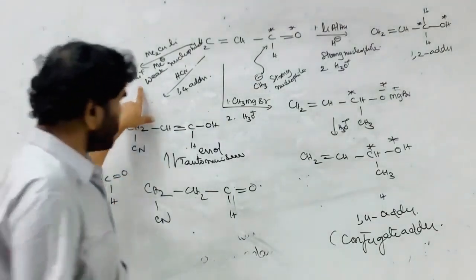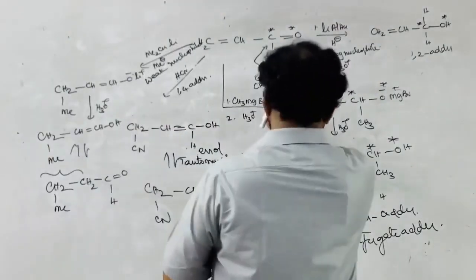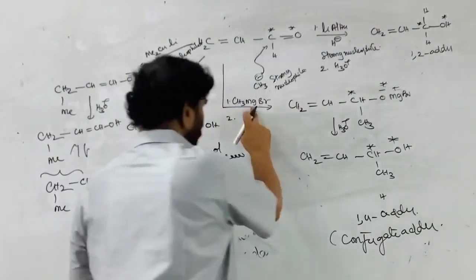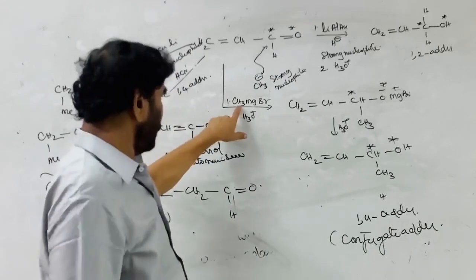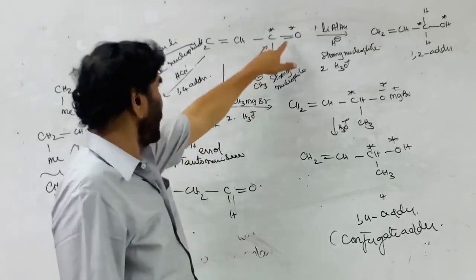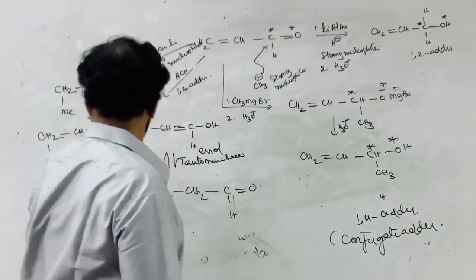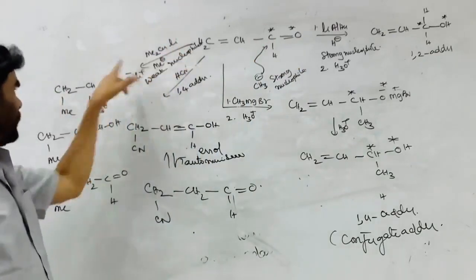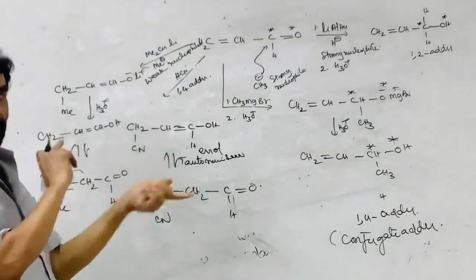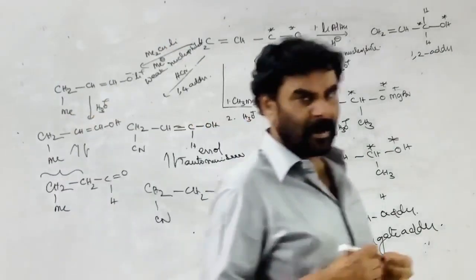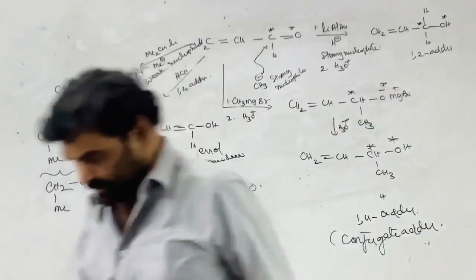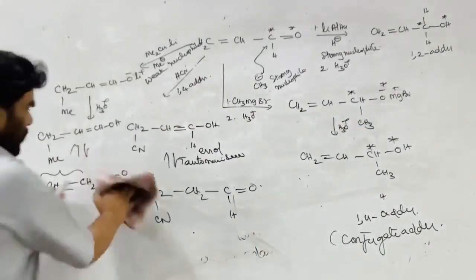See the difference: the Grignard reagent, a source of strong nucleophile, gives 1,2 addition, the direct addition, whereas Gilman's reagent gives 1,4 addition, that is conjugate addition.